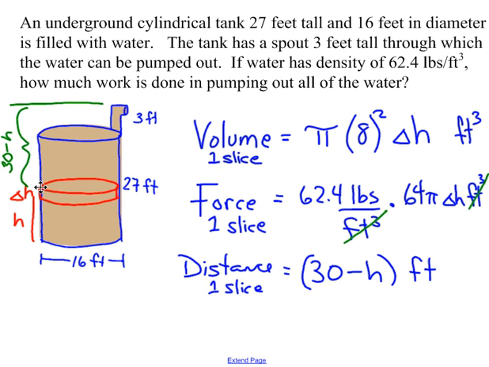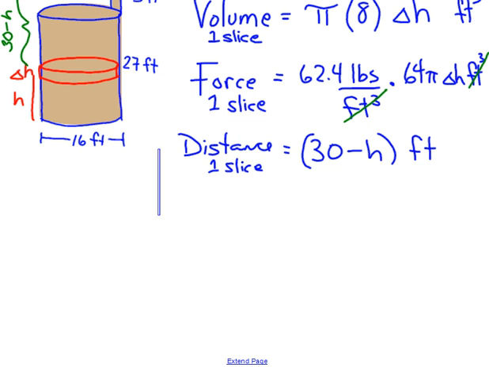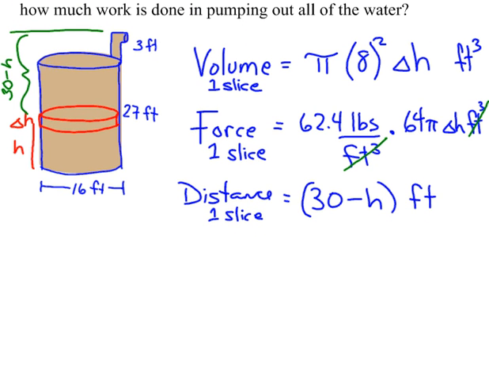So now we're actually already ready to set up our integral. And we want to go ahead and put all of our constants out front. So we've got 62.4 times 64 pi.